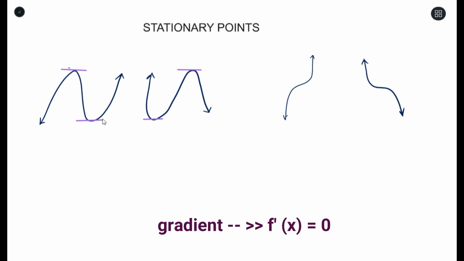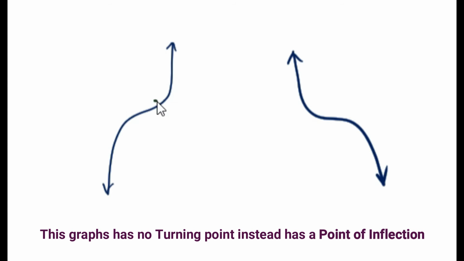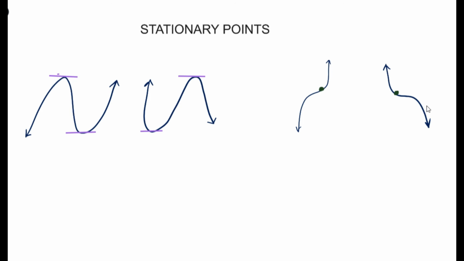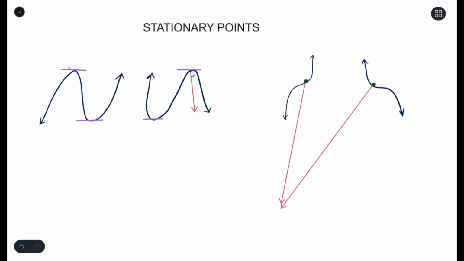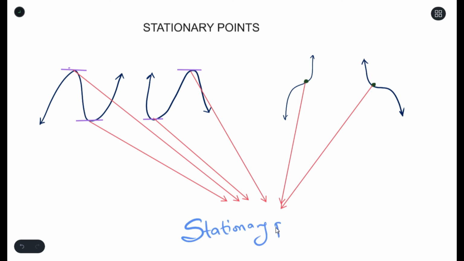We say the gradient at those points is 0. If the graph looks like this, then this point here, we'll consider it our stationary point. So that is your stationary points.